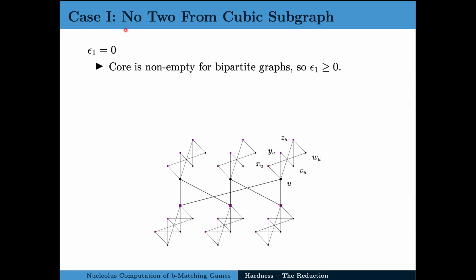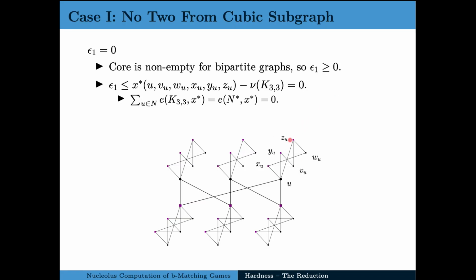So let's first consider the case when there is no 2-factor cubic subgraph. How could we show epsilon 1 is 0? Well, for one, it has to be at least 0, just because of core non-emptiness. It's also upper bounded by the excess of any of these K33 coalitions.